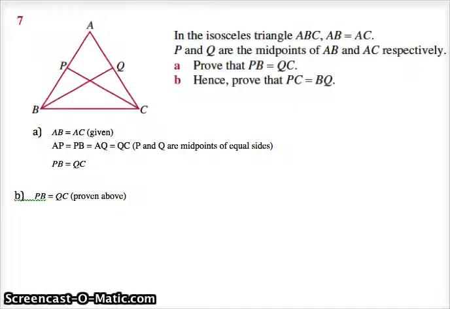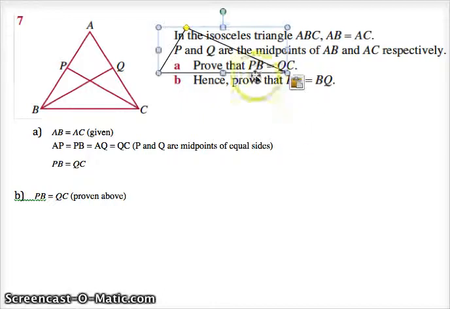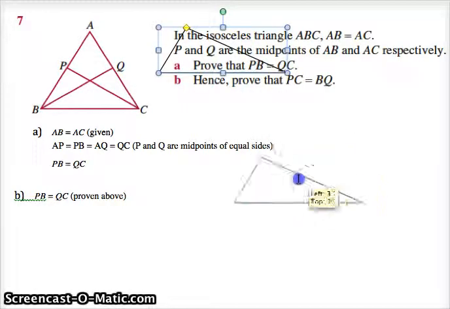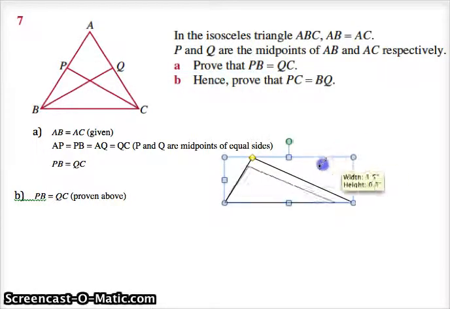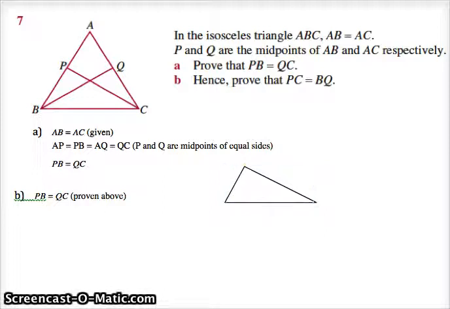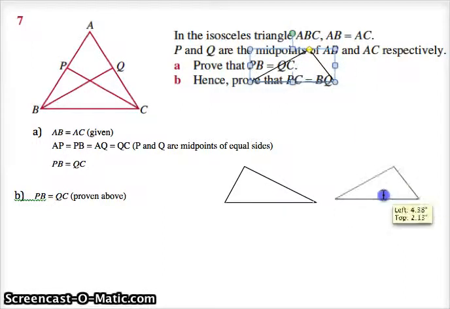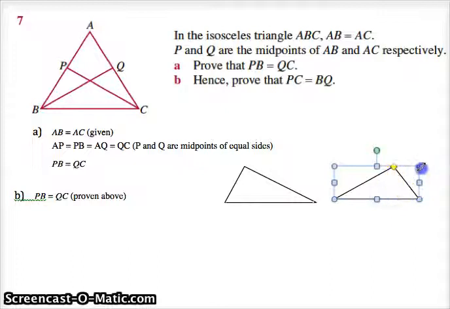Something that I like to do is to actually draw those triangles separately, and I'll just bring them in here, make them a little bit smaller. So that's the first triangle, and I'll just bring the second triangle in. All right, they're not looking exactly the same, but you get the idea.